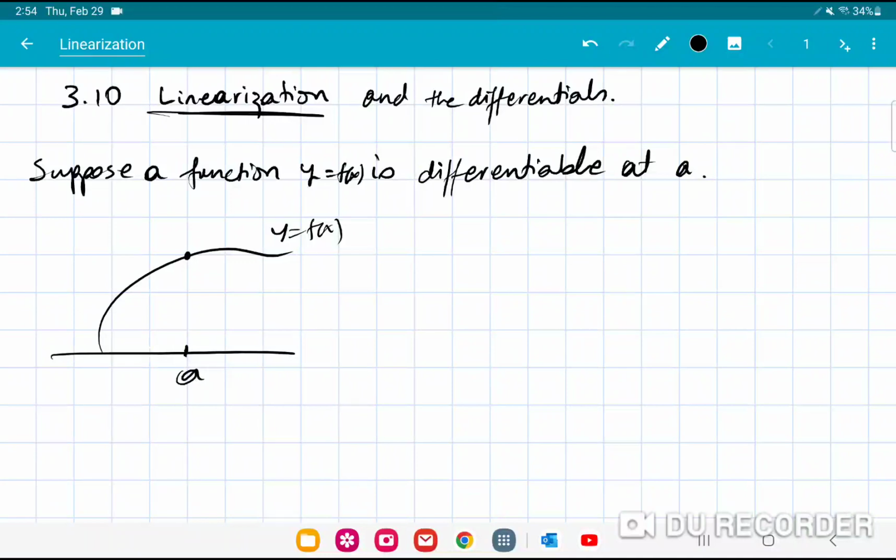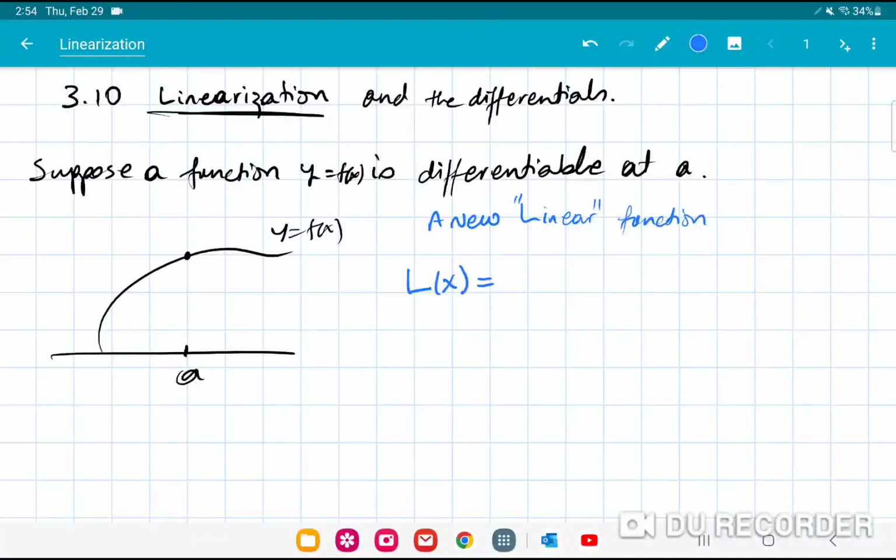So the idea is we're going to create a new function, a linear function, just like the y equals mx plus b kind of linear function. This new function we're going to call L of x.